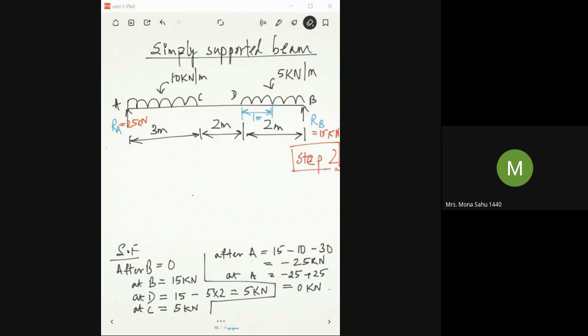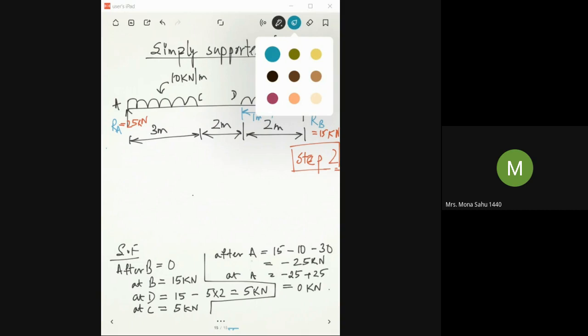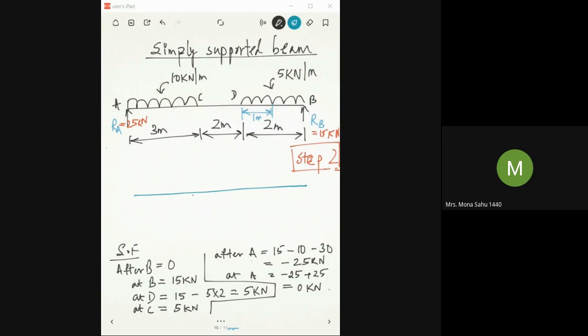Okay, so I'll use another color. Okay, so first you need to draw a line and trace the points. And then mark the points. Okay, so 0, and you'll have so 0 and then 15.